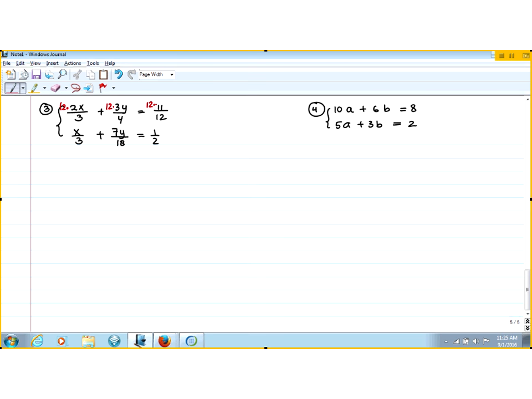Multiply equation number 2 by 2, both sides of the equation, and then you'll be able to eliminate 4x over 3. Yeah, you can, but then when you add these, you still work with fractions. You have 3y over 4 plus, actually it's going to be minus 14y over 18, right?